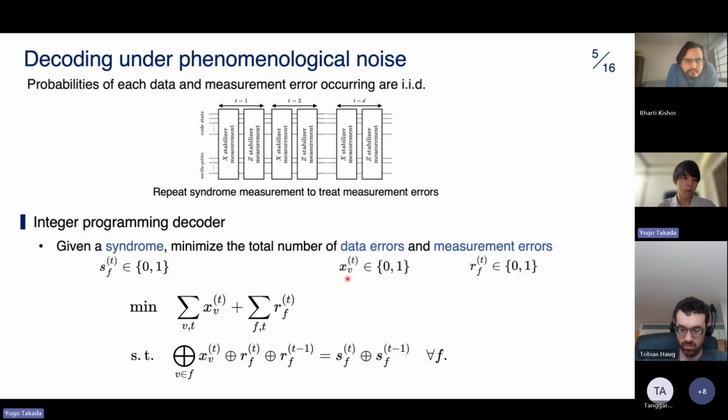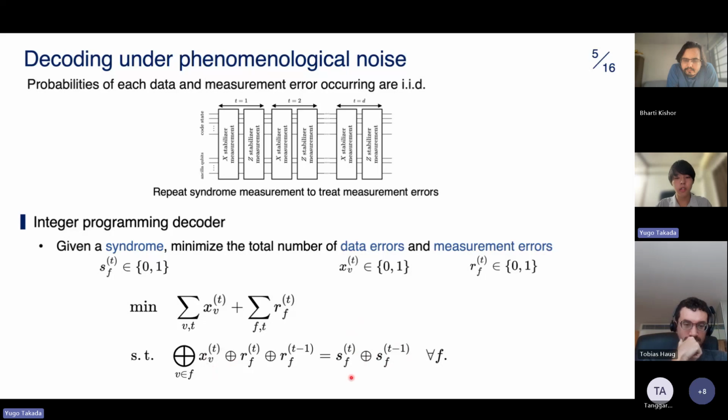The constraint of the integer programming problem is that errors and syndrome should be consistent, because the difference of the syndrome between time step t and t-1 indicates the data errors that have occurred in time step t.